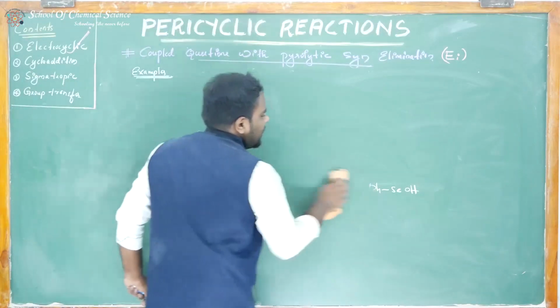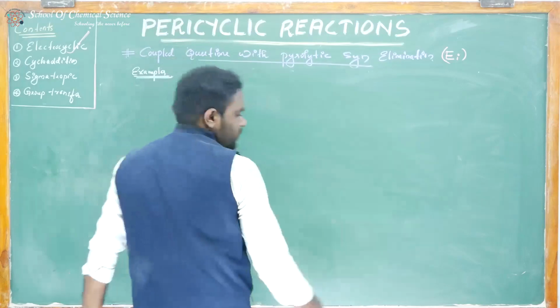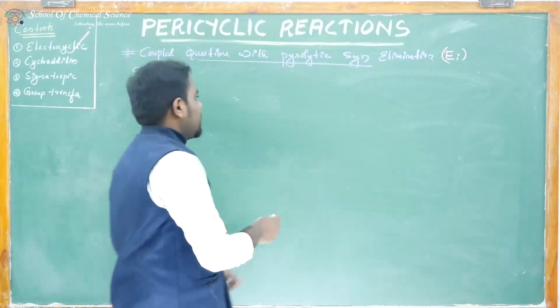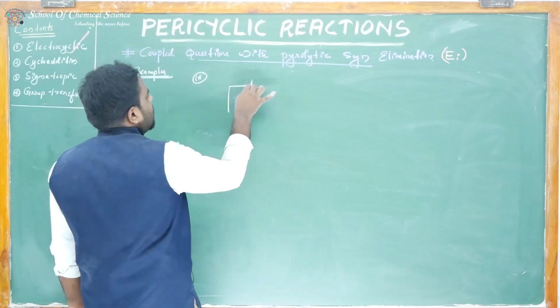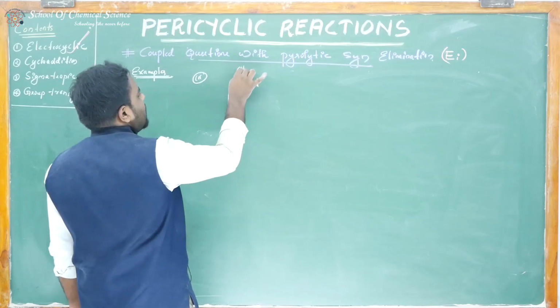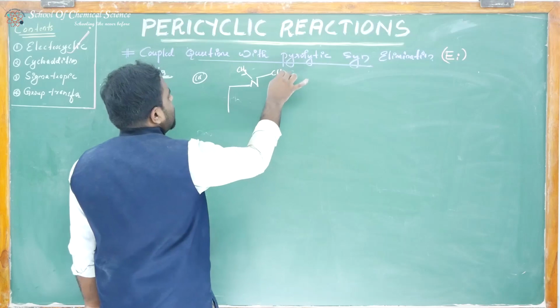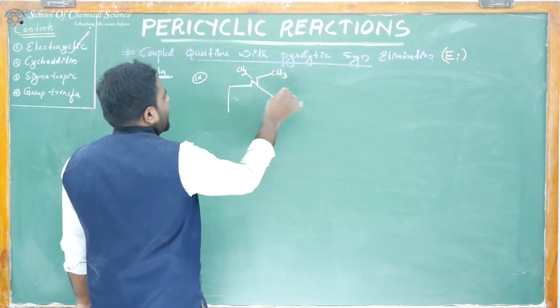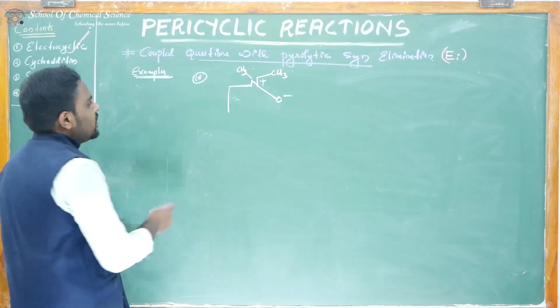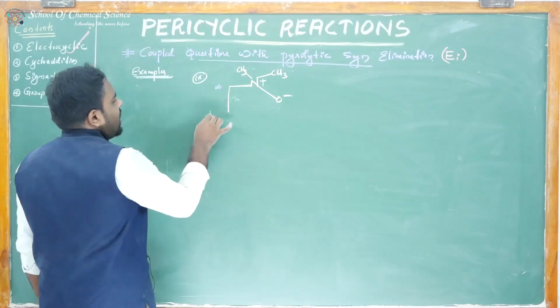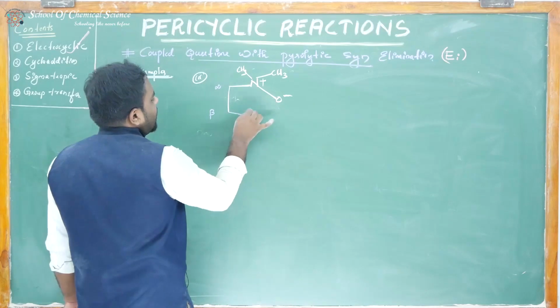Then a nitrogen oxide. Third example, a nitrogen oxide. N CH3, O minus, N plus. A nitrogen oxide is given. What is the reaction? Consider the beta hydrogen. This is the beta hydrogen.